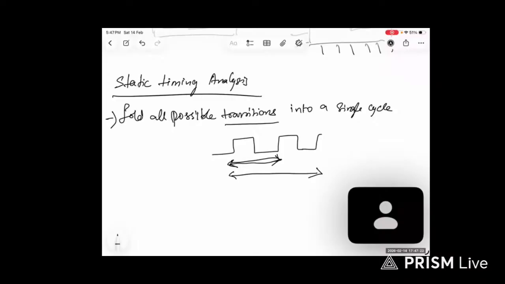So to tighten it up, if I'm able to meet the timing in one cycle for all possible transitions in the design, then whatever timing analysis I do after that is meaningful.